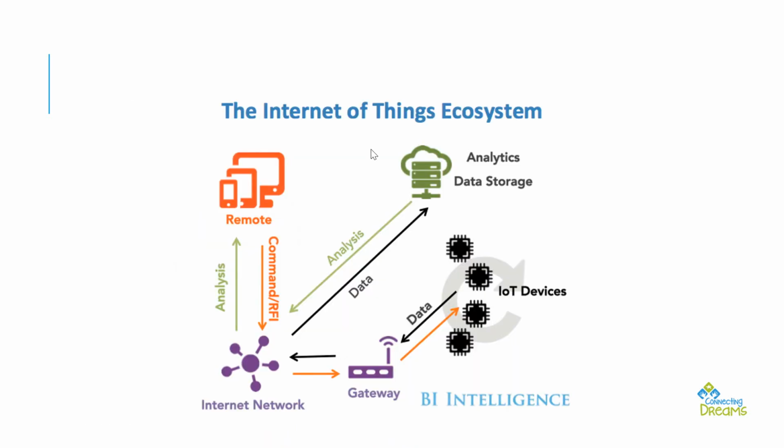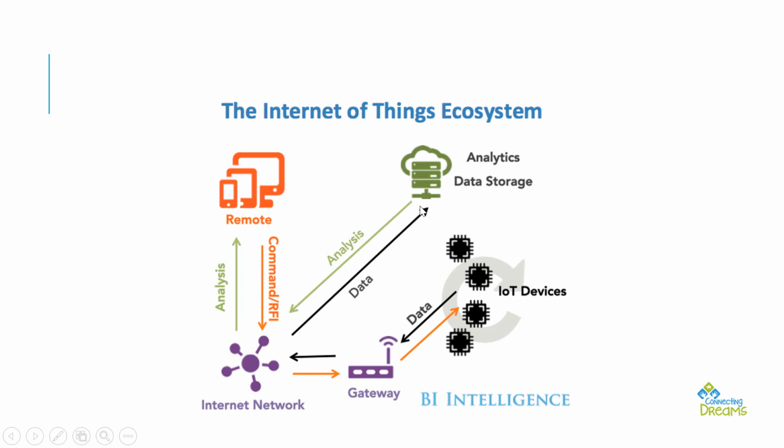This is another picture of an Internet of Things ecosystem where we have IoT devices exchanging the data that these devices have collected via sensors to the gateways. From the gateways, via the internet network, that data is sent remotely for analysis, or it can be sent to a data storage where the data could be stored and analyzed further over the cloud.